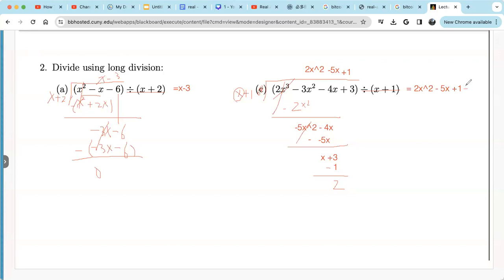Well, 2 is positive, so we're adding positive 2. The numerator is 2. The denominator is the divisor to show this is the remainder. So the whole thing is 2x squared minus 5x plus 1 plus 2 over x plus 1.